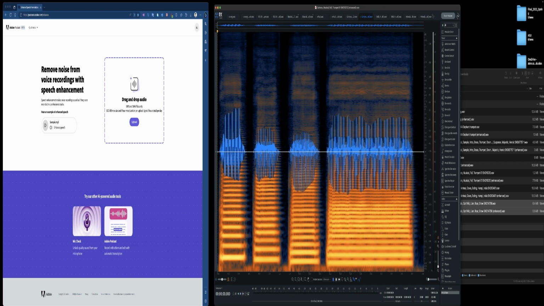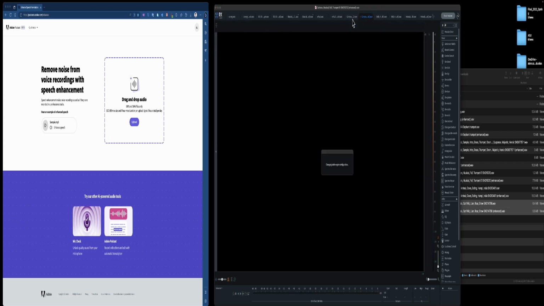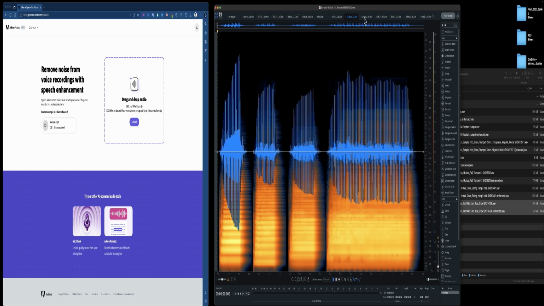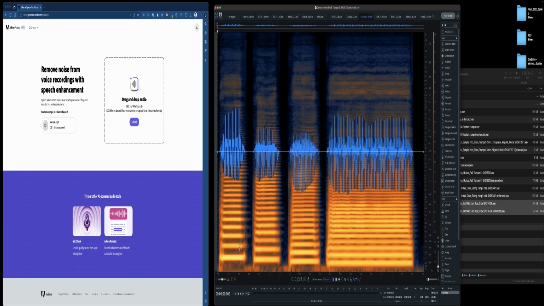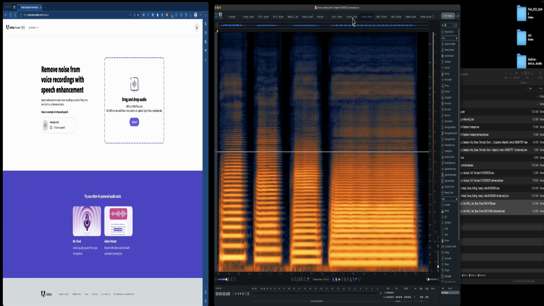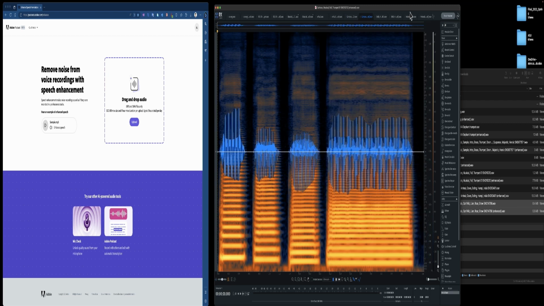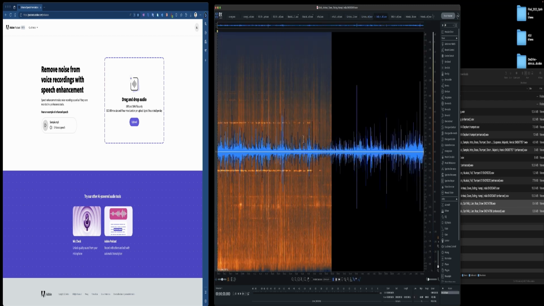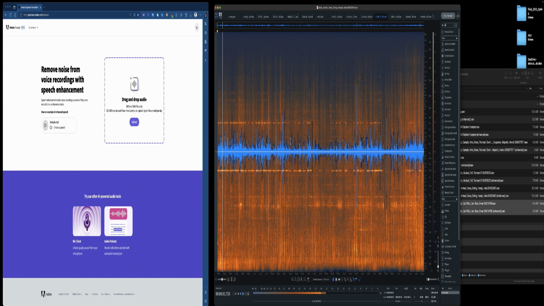So it looks like Adobe Podcast did something for this guy here. As you can see, the frequency spectrum graph is a little different. All right, so next one. This recording is Bale Animal, India.